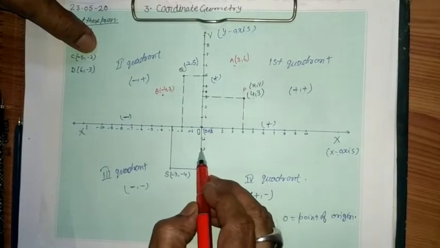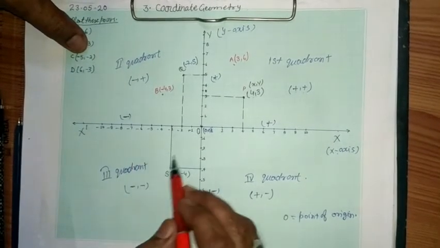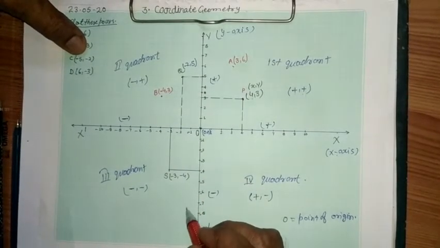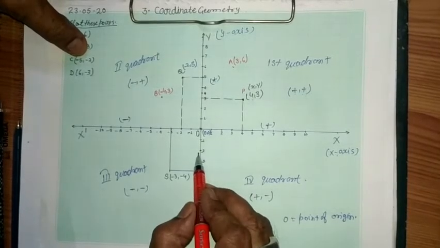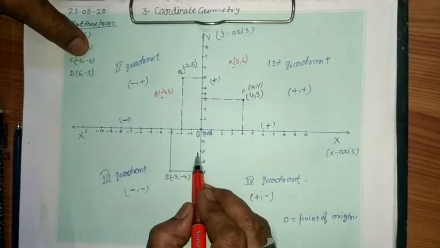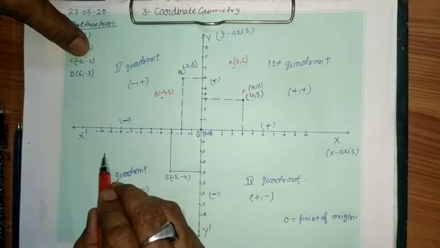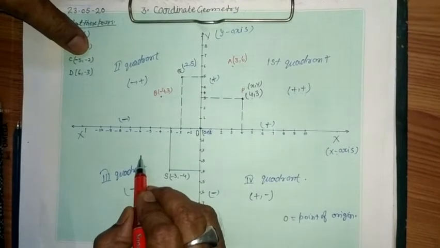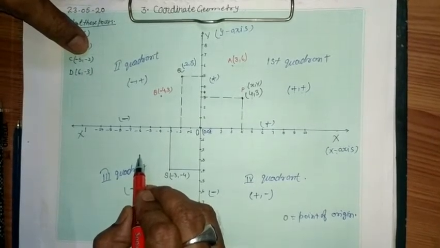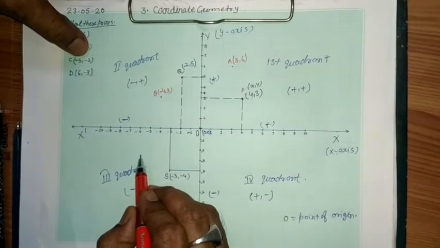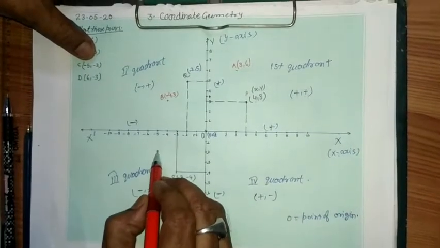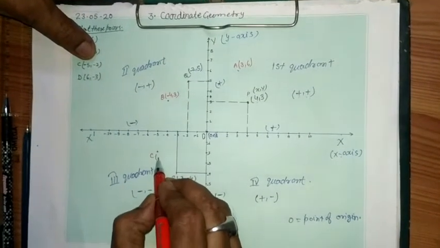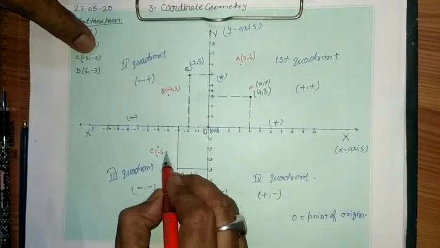We draw a line parallel to the y-axis downward, and from -2 a line parallel to the x-axis on the left side, and they intersect each other at point C, whose coordinate is (-5, -2).